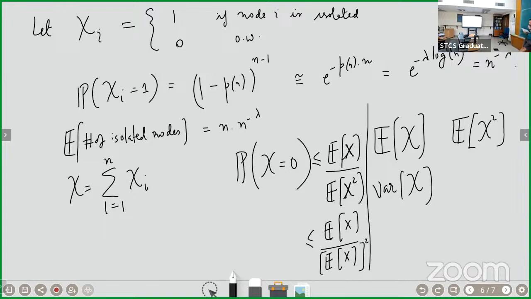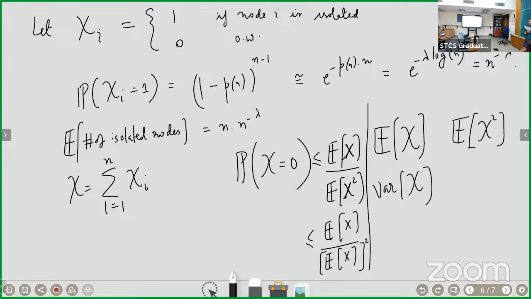If chi equals 0, it implies that there is no isolated node. Is it useful as a question? If the probability goes to 0, then P chi equal to some non-zero value could have some weight.